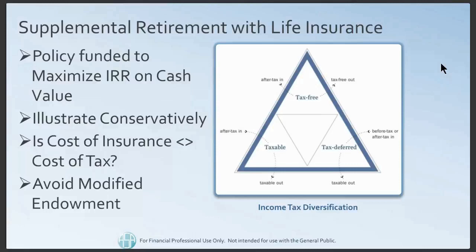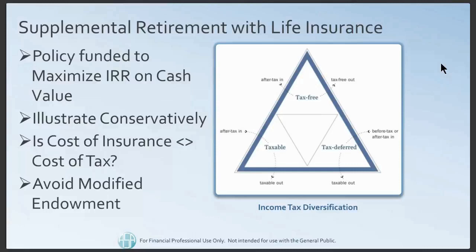So if you pull out 50, it's almost like pulling out 70 on a taxable basis. So is paying that cost of insurance worth saving the tax bracket on the withdrawal if it was a taxable investment? And if you fund it the right way, you'll see that it probably is.